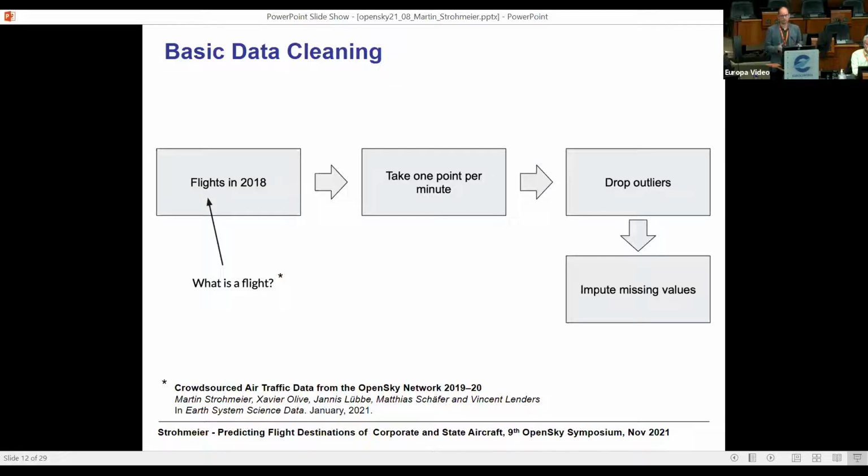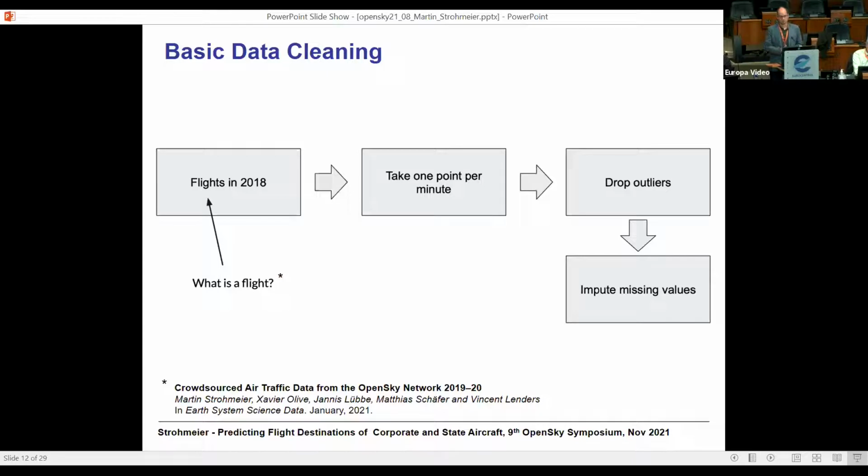You take the flights, and here you always have the question, what constitutes a flight? We've actually seen similar approaches and questions earlier in the keynote. It's both a technical and sometimes a philosophical question, but OpenSky's approach, we finally formalized and published recently in a paper, so you can look at that in the reference.